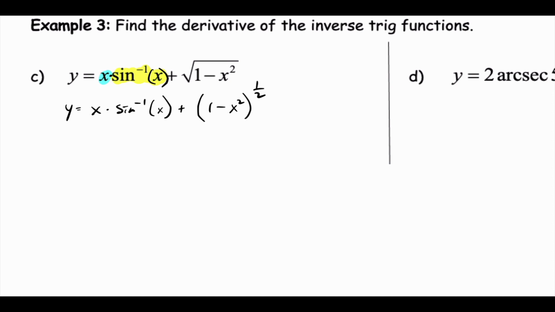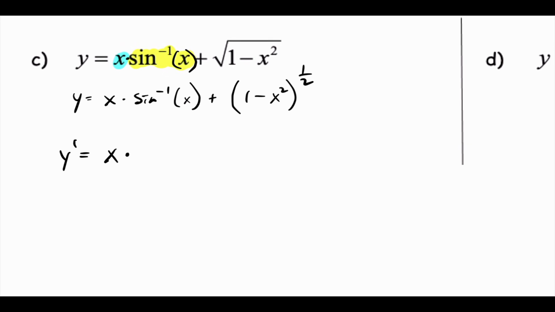Okay. So derivative first. The product rule says the first times the derivative of the second. Well, the derivative of inverse sine is the derivative of u over square root 1 minus u squared.